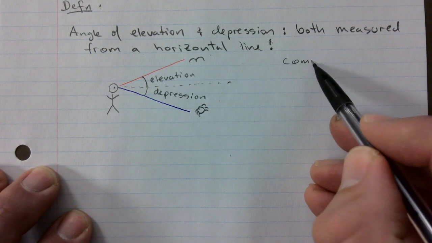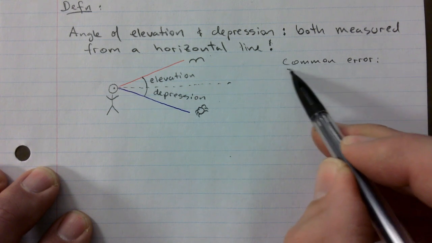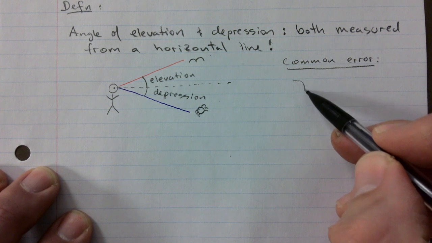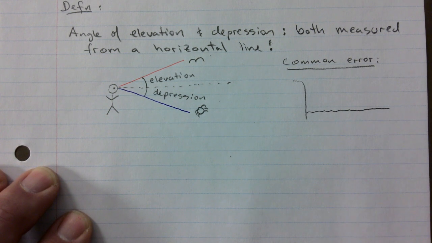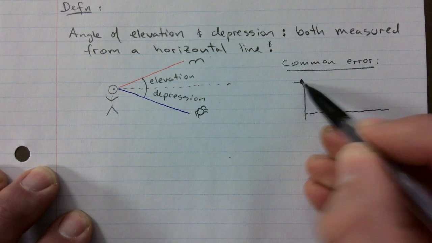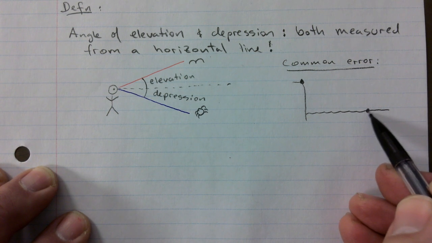Common mistake. I'll put it right next to it because it happens all the time. So a student, right? You're at a cliff like this, and there's water there, and the question says, "Hey, you're at the top of the cliff, and the angle of depression is 36 degrees, right?" So and then you look at a boat out here.